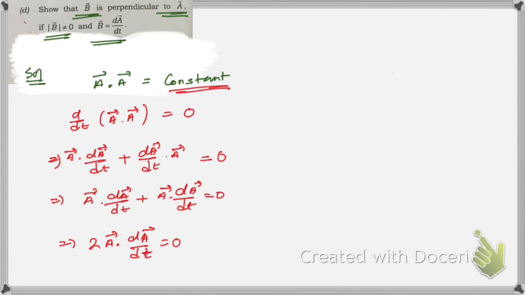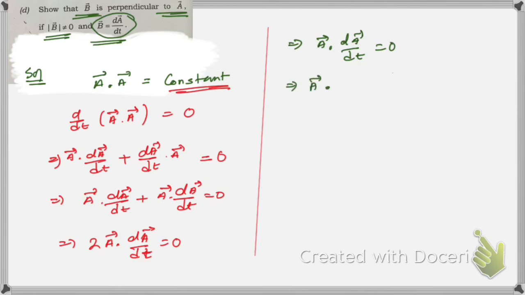Now here you see that it is given b is equal to dA by dt. So you can replace this by vector b, right? So it implies a dot dA by dt is equal to 0 divided by 2, that's going to be 0, right? So a dot b is equal to 0, since vector b is equal to dA by dt, that is given.